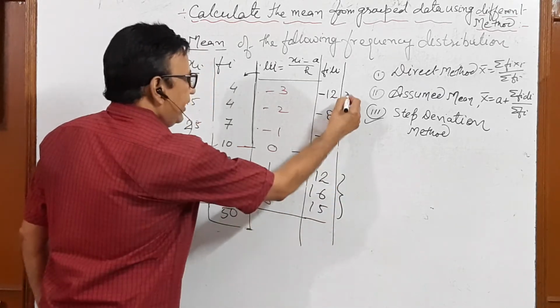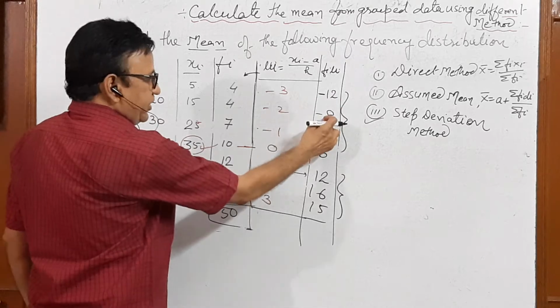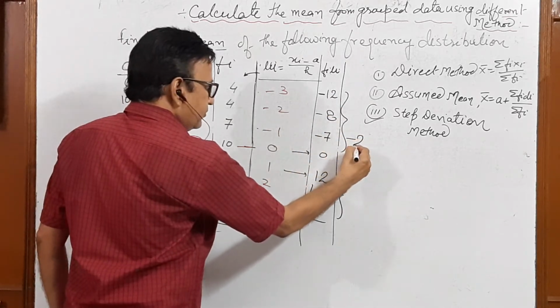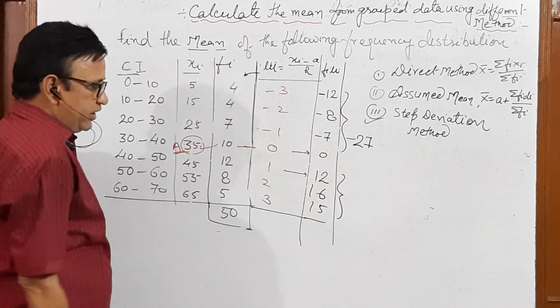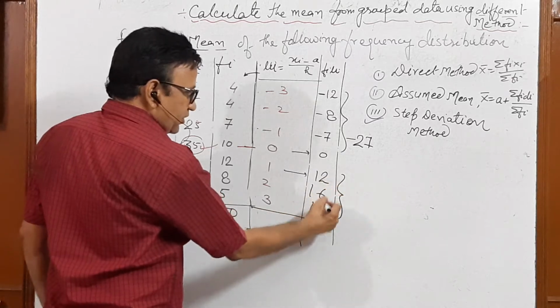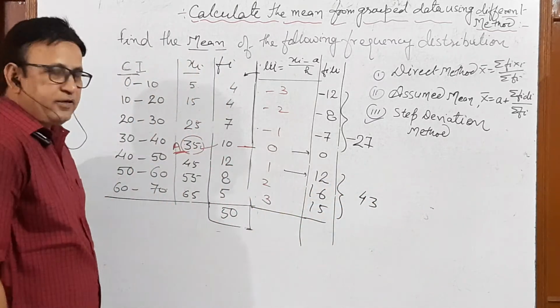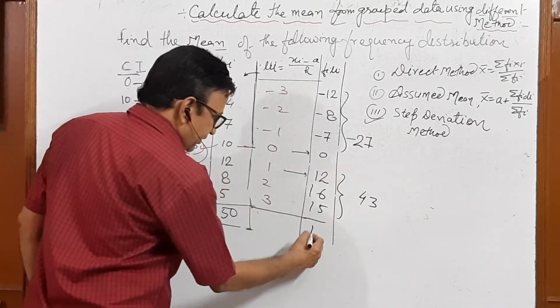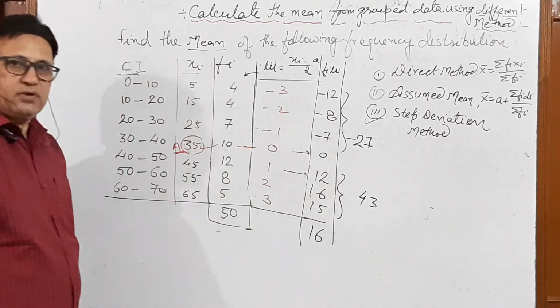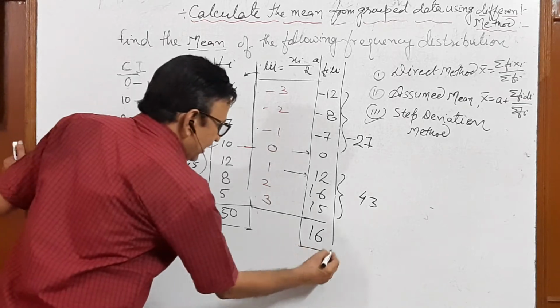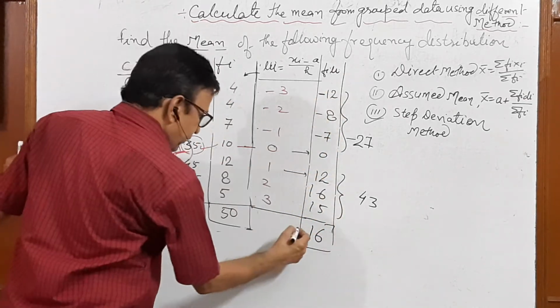Add it and add it. 20 and 7 minus 27. Here 6 to 8 plus 5, 3, 1 carry 43. Right? So 43 minus 27 we get 16. Isn't it? This is the final answer of sigma fi ui.